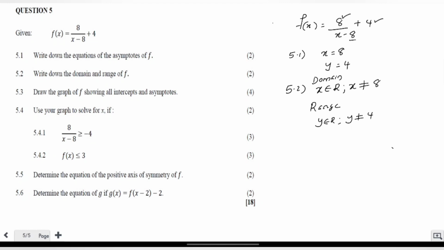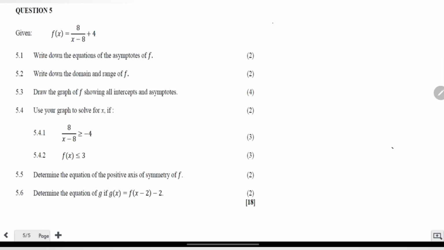Then other important things here, asymptotes, etc. So you have to first draw the x-axis and y-axis, then find out the x-intercept and y-intercept. Okay, let us start. 5.3. So before that, let me rub this question out. So 5.3, I'm going to draw it here.